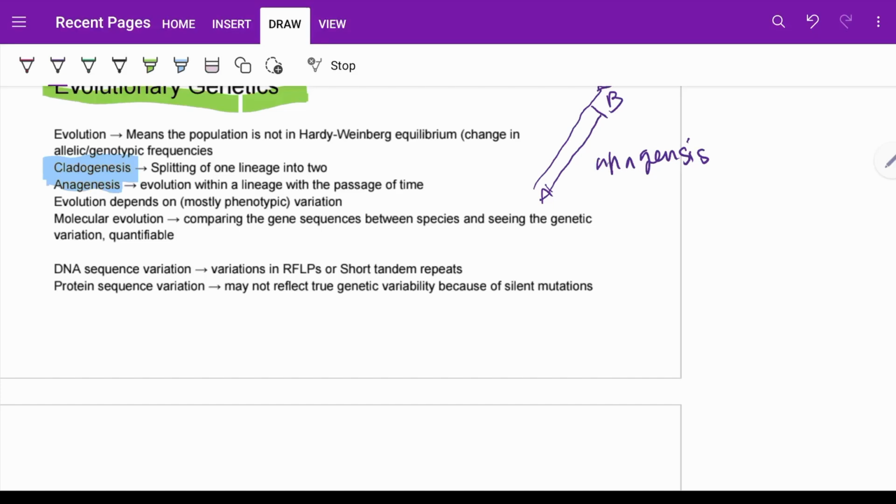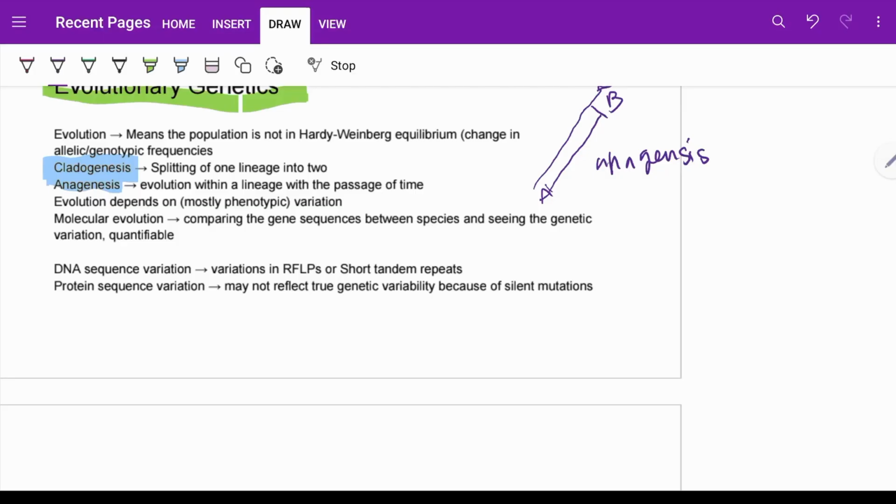We have molecular evolution, which is looking at the DNA of different genes between different species, comparing them, and seeing how exactly the DNA evolved over time. This is really interesting, but it doesn't necessarily reflect the phenotype, which is the main driving factor for evolution. We have different ways this can happen. We have DNA sequence variation, which is variance in the DNA.